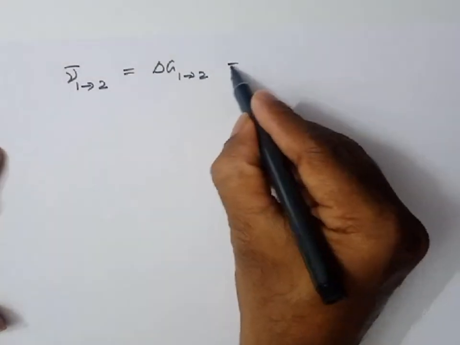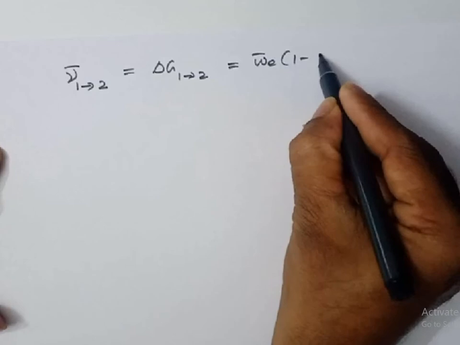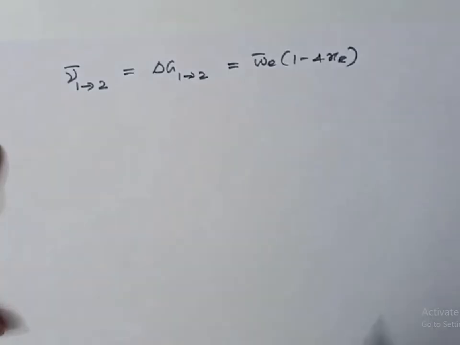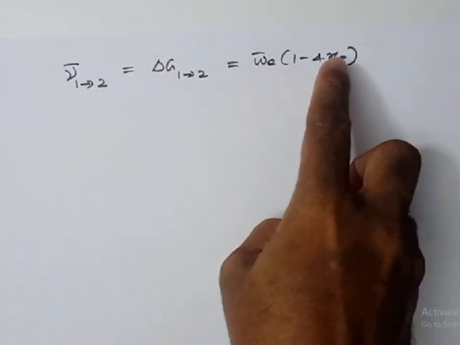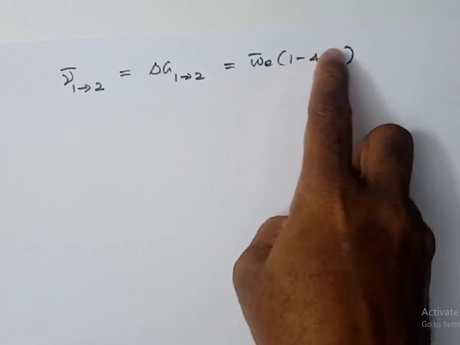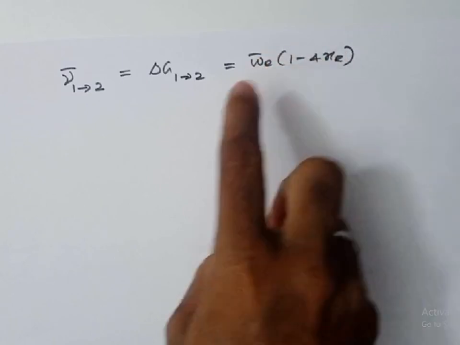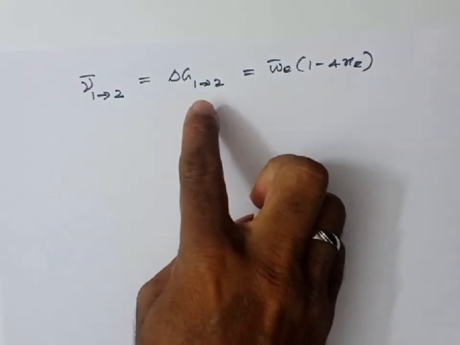What is the energy required for hot transition? Very simple, omega E bar into (1 minus 4 Xe). Right? This is the amount of energy, or the frequency, which is required for the first hot transition.